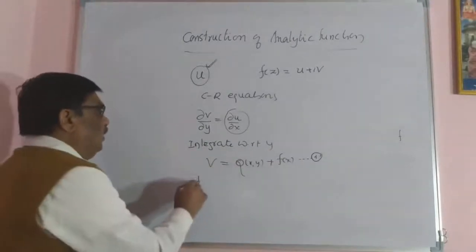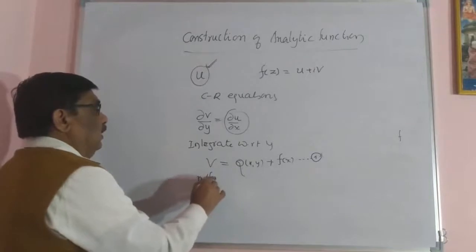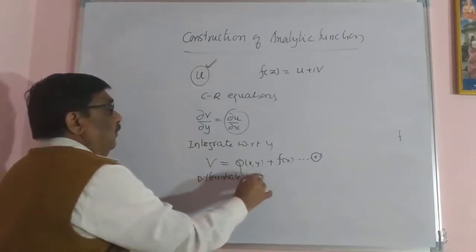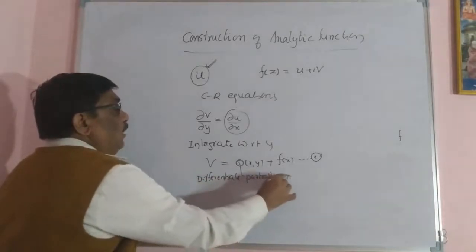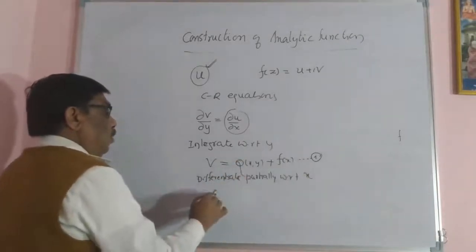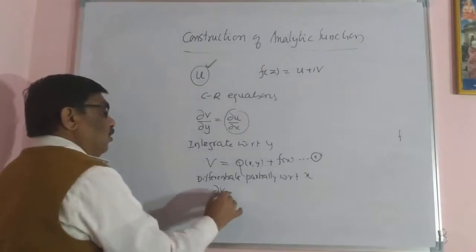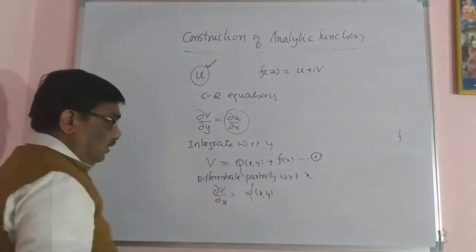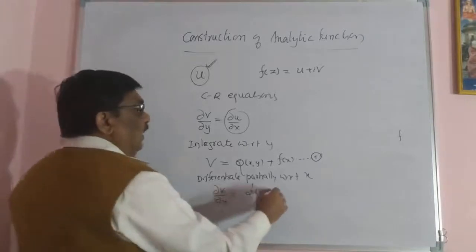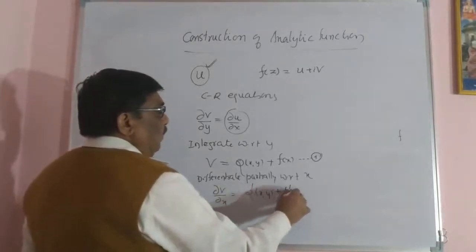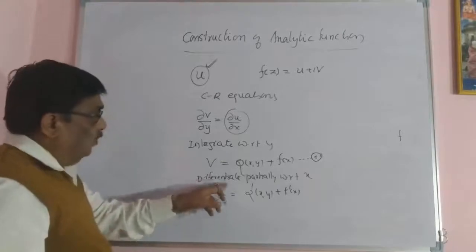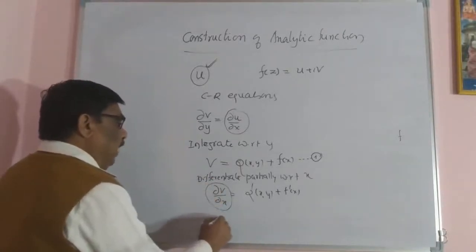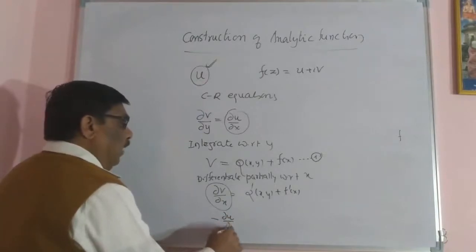Differentiate partially with respect to x. Dou v by dou x equals q dash of xy plus f dash of x. But by the CR equation, dou v by dou x is minus dou u by dou y.